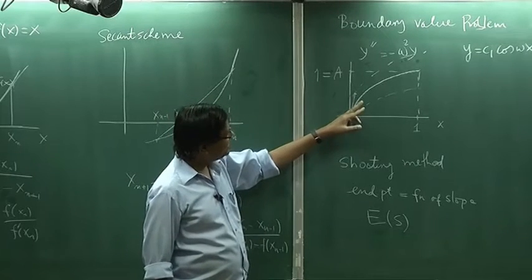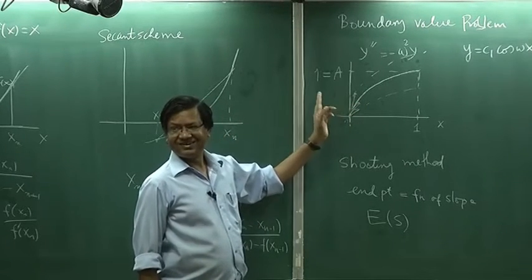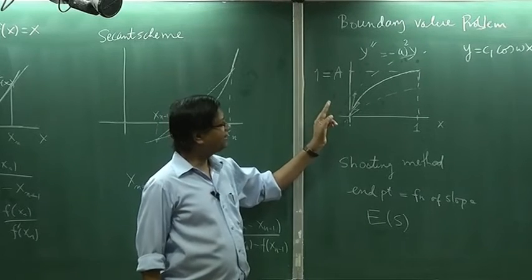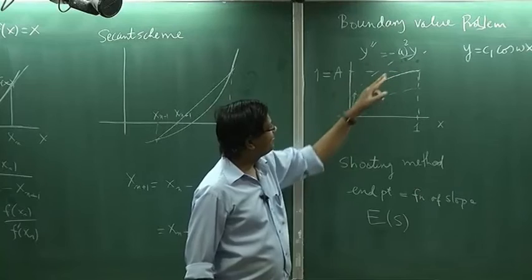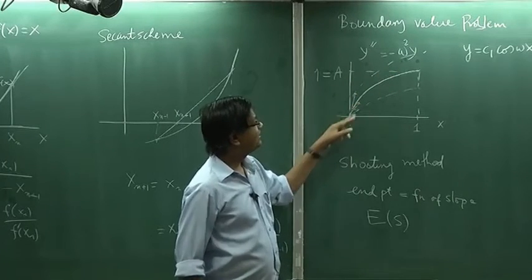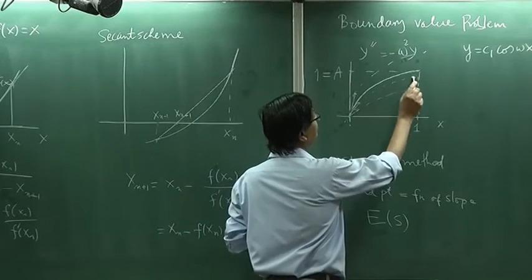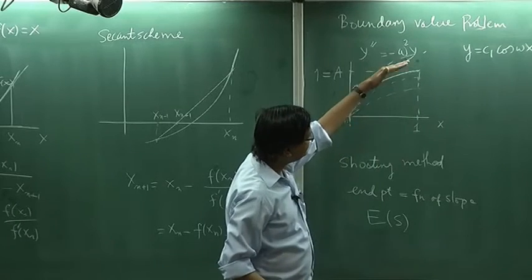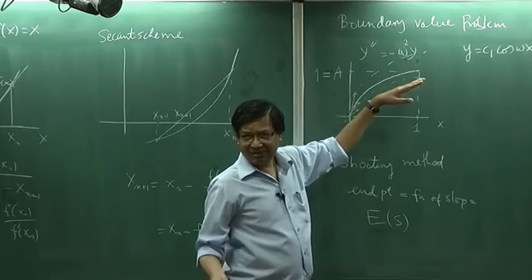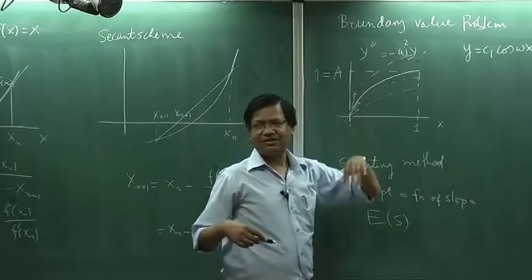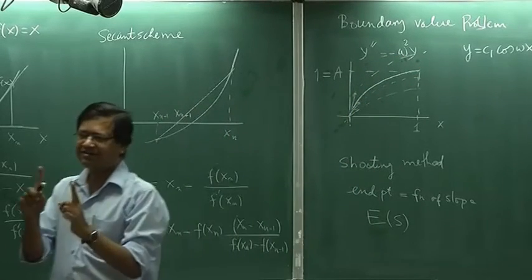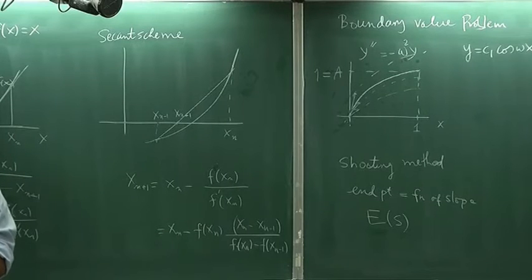The one below that and one above that. And how do I figure it out? This one took me below, this one took me above. Where does the new one take you? This one will take me below. So the slope which takes you below is the left one, and the slope which takes you above is the right one. So you use left, right and you converge. Is the idea clear? It's quite straightforward.